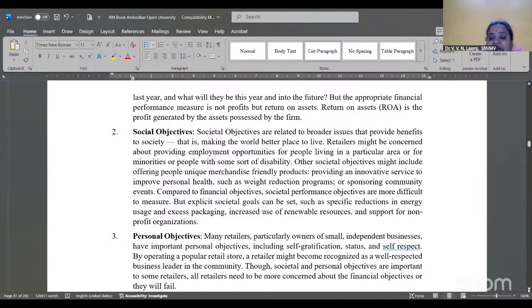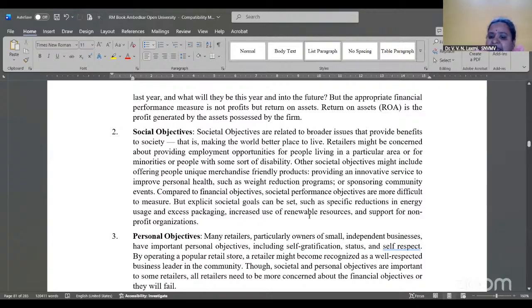So retailers are very important over there to improve the standard of life and to see to it that all types of merchandise are available to the people.